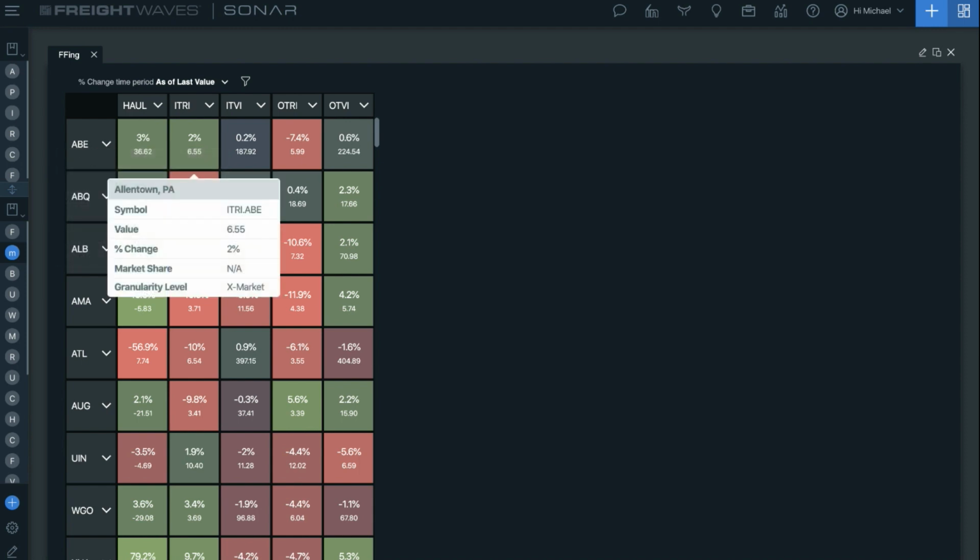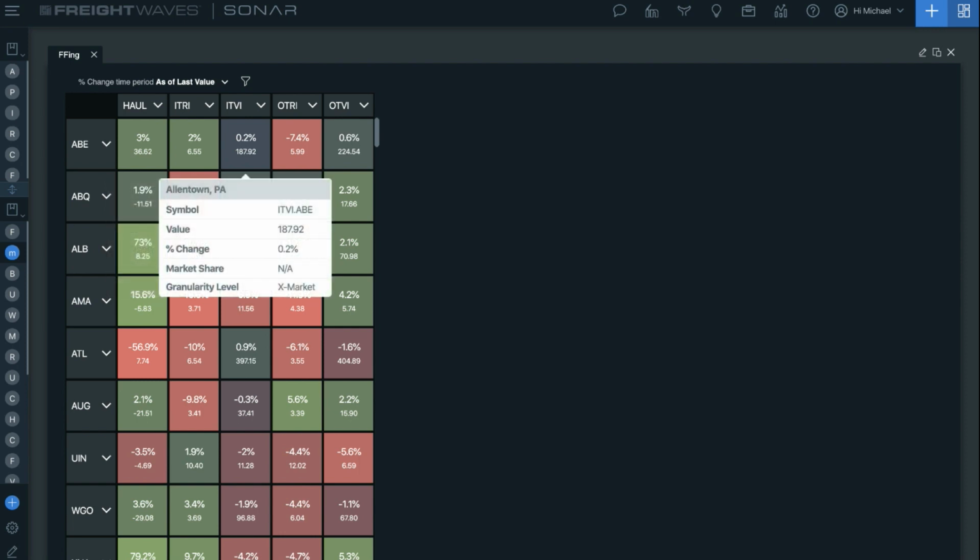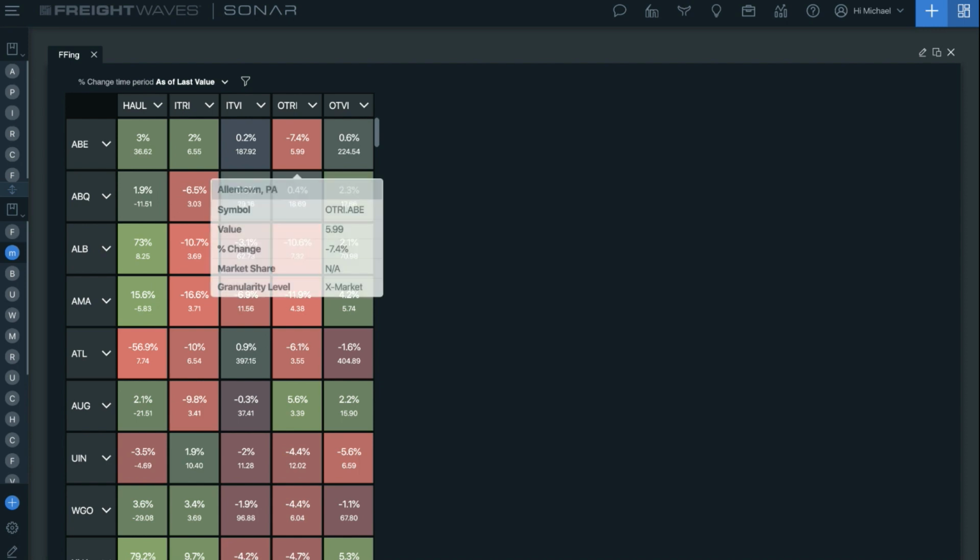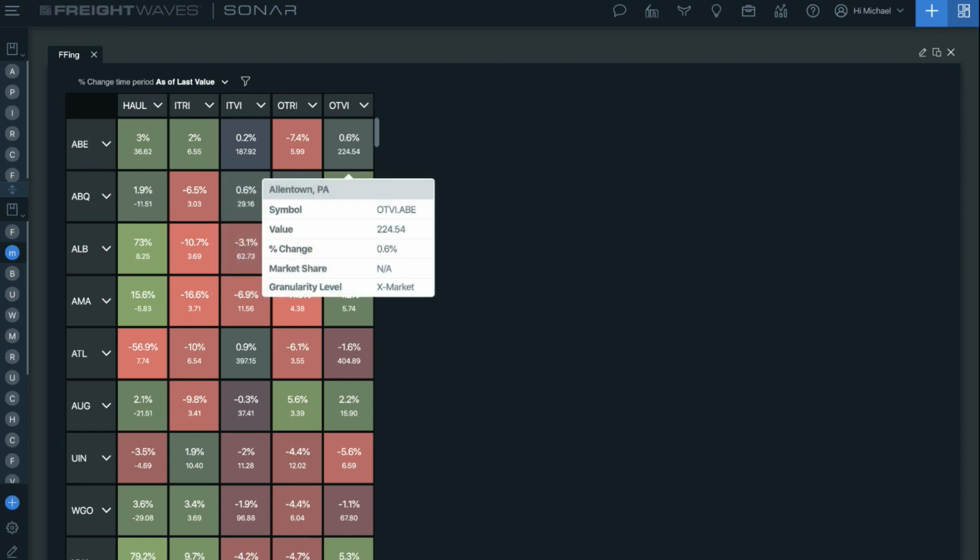Then I have my ITRI next to that, are my inbound tender rejects, which is telling me the number of loads or the willingness of carriers to accept loads into that market. And I see that Allentown, that has gone up as well. I see the ITVI, or inbound tender volumes, the volume of loads in, has only gone up 2%, and the OTRI has dropped, and the outbound tender rejects has dropped 7%, and the volume is relatively flat.